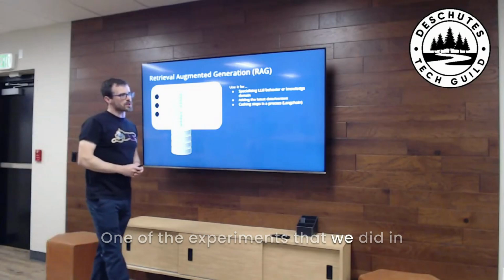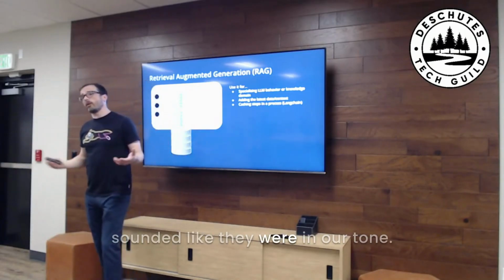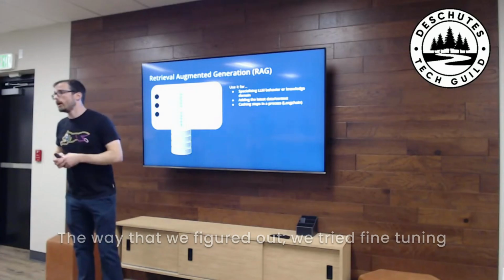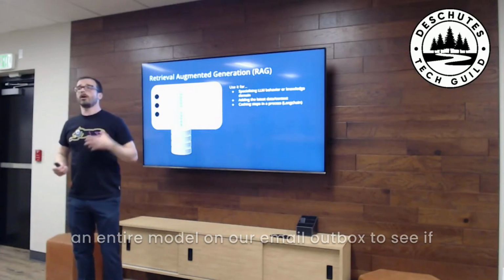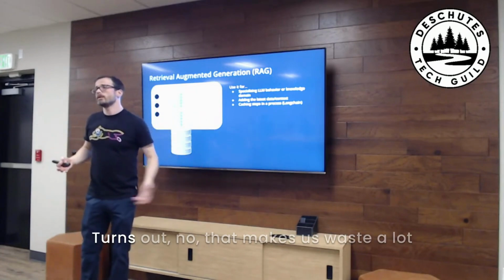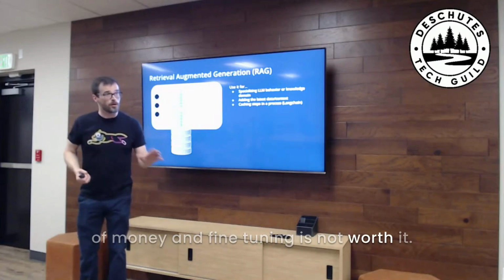One of the experiments that we did in Quai was to try to generate emails that sounded like they were in our tone. We tried fine-tuning an entire model on our email outbox to see if that could make it write as if it were us. Turns out, no, that makes us waste a lot of money, and fine-tuning is not worth it.